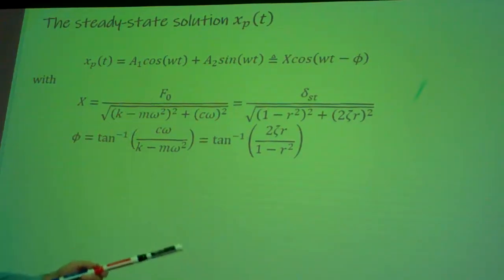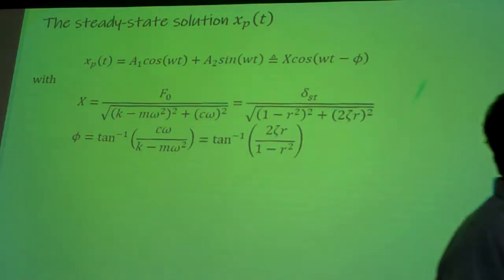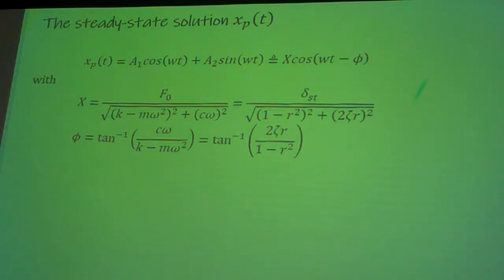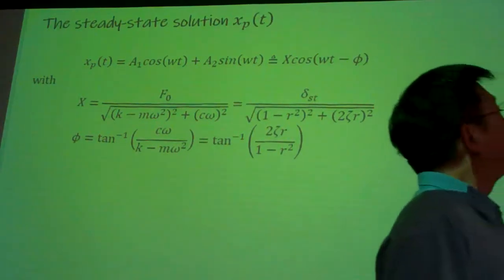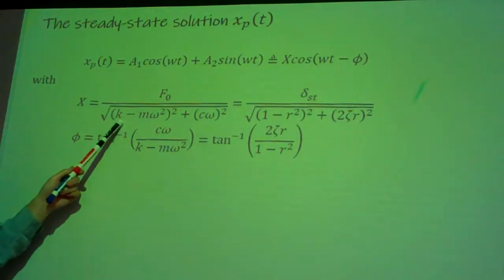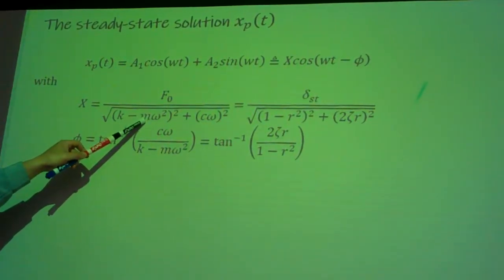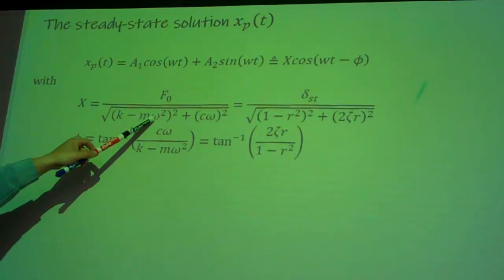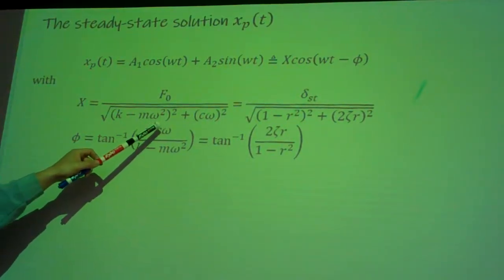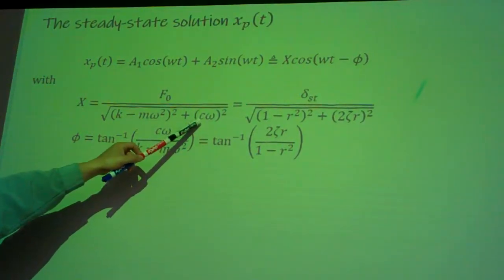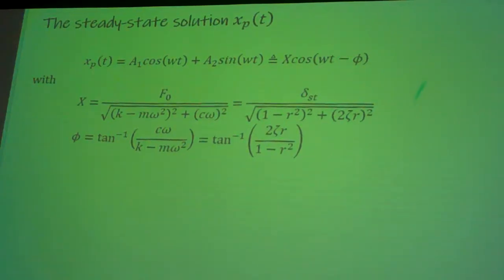What is F naught? F naught is the magnitude of the applied loading. Okay. And what is K? K is the spring of the system. What is M? That is the mass. And what is omega? Omega is the working frequency. And what is C? C is the damping constant.